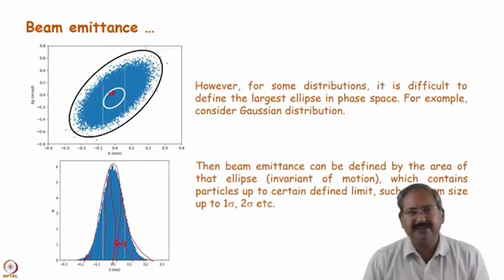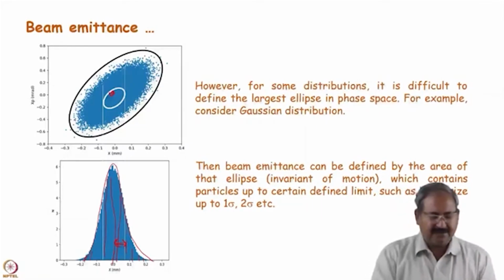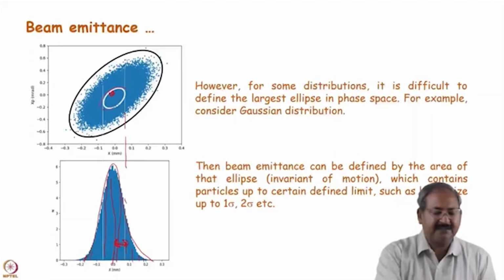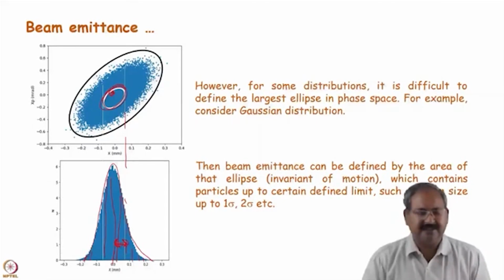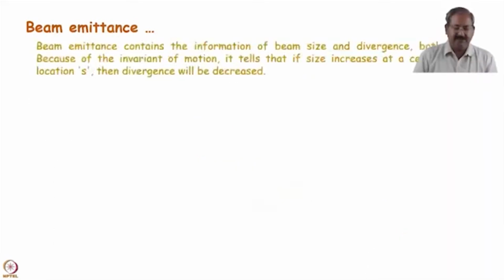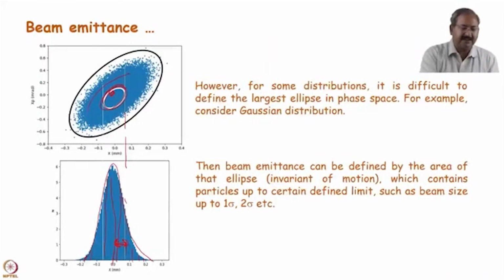This sigma shows the standard deviation of this distribution. It means at 1 sigma, what is the distance and what is the corresponding ellipse in this distribution. So we can say the 1 sigma ellipse is this. If we make a 2 sigma ellipse, it may be like this. So in this case, emittance is defined by how much of the particles the beam ellipse contains.